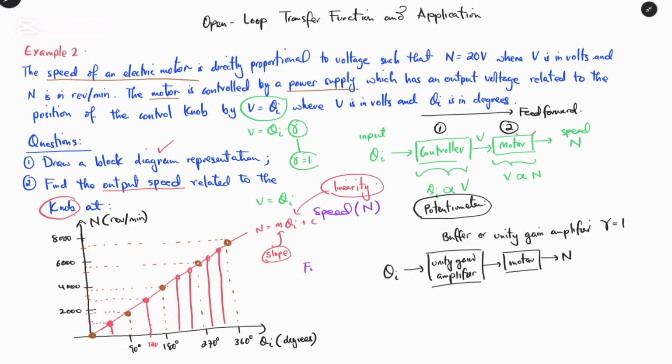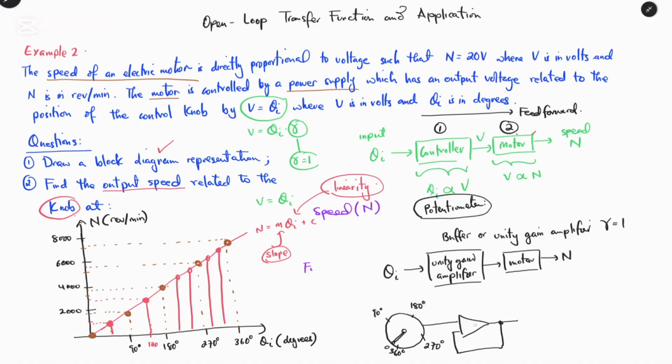Now if I want to draw a graphical representation, we can have the knob from 0 to 90 degree, 180 degree, 270 degree, and back to 360 degree. And this is connected to an amplifier which has unity feedback.